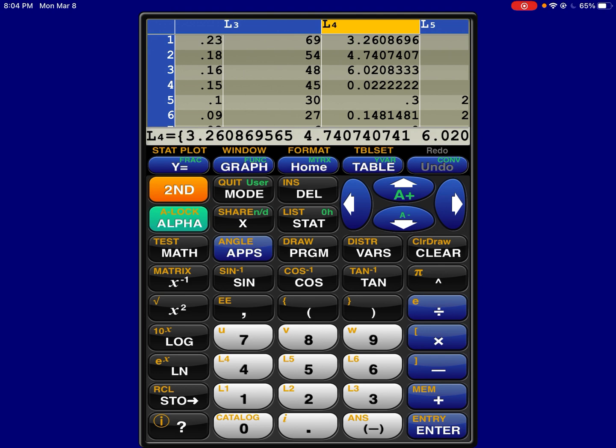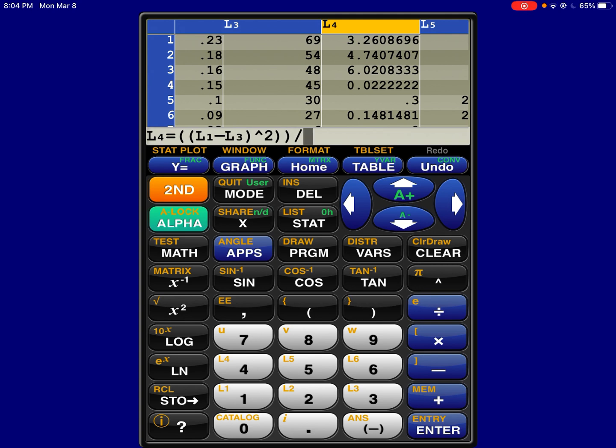I go double parentheses. You might not have to, but so I'm going to go second L1, which is what I observe, minus second L3. That's what I expect. Parentheses. Then I'm going to square that. Then I'm going to close the parentheses.